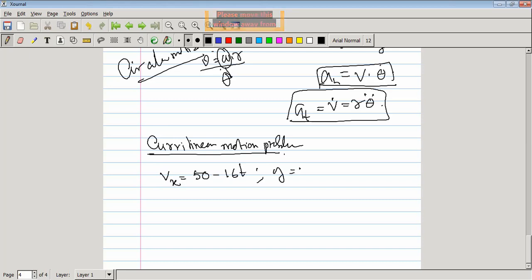All are given in terms of equations, where vx is in meter per second and y is in meter.